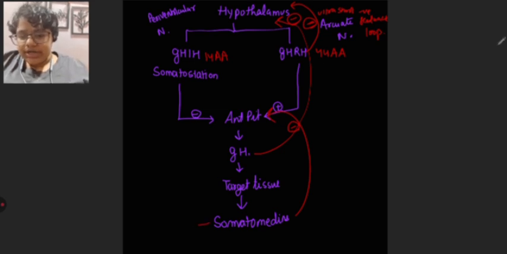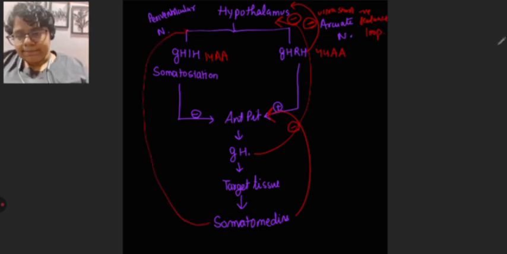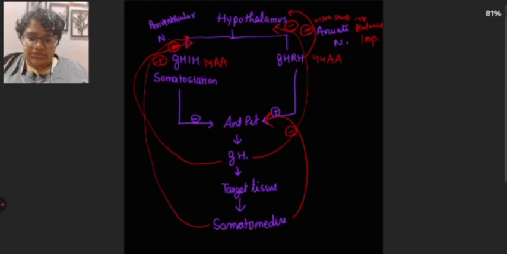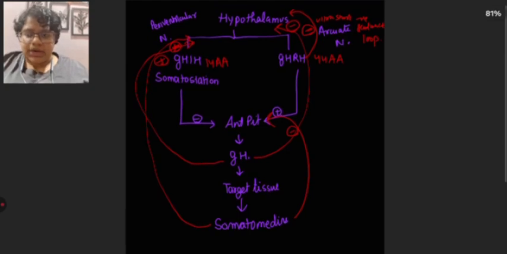So the increased levels of somatomedins stimulate the growth hormone inhibiting hormone, and growth hormone also stimulates the secretion of growth hormone inhibiting hormone. Basically, this is an example of negative feedback within the pathway.